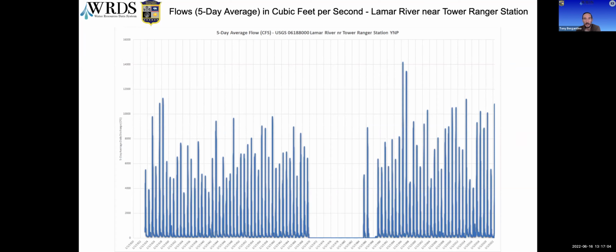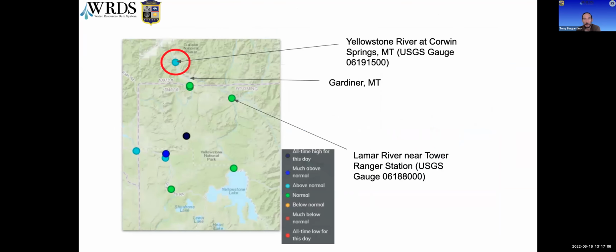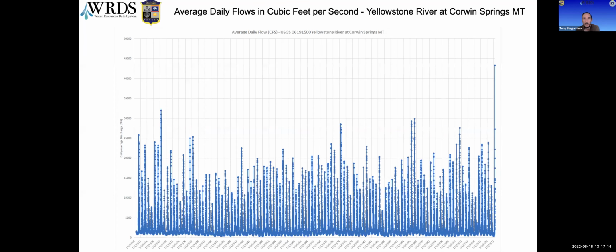Now let's look at the station that was downstream of Gardner. And that's the one that's circled in red there. And if you go to the next. Okay, this one as a single day discharge greatly exceeded anything that was in the past.